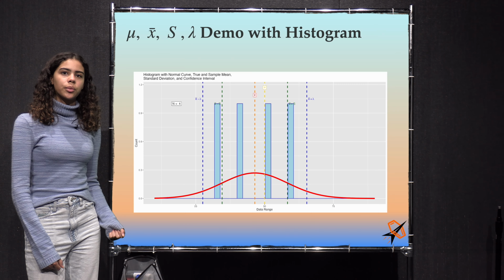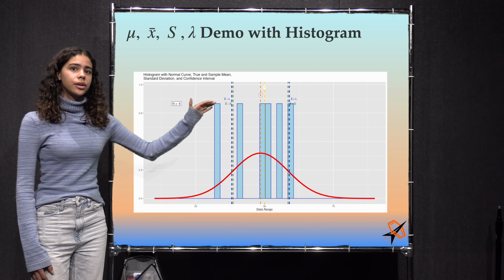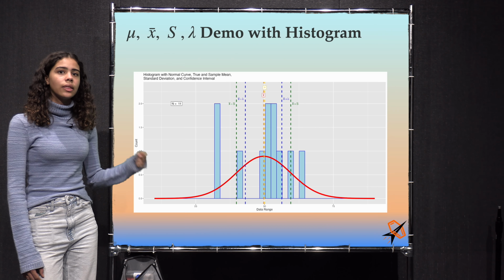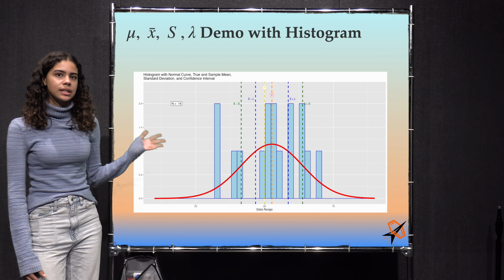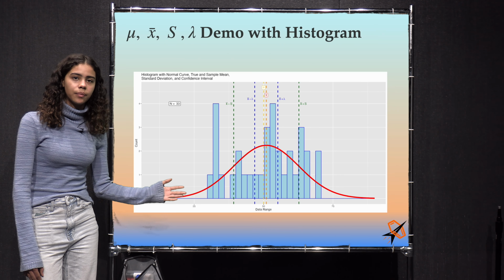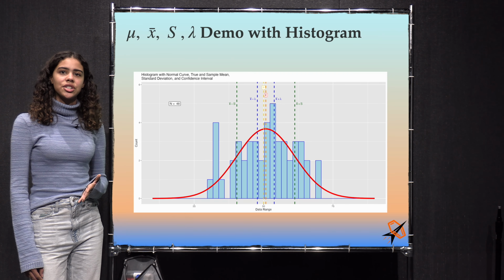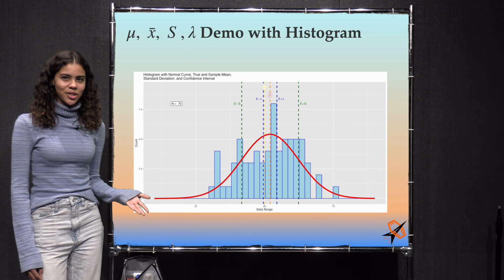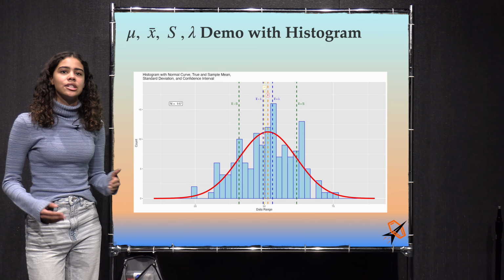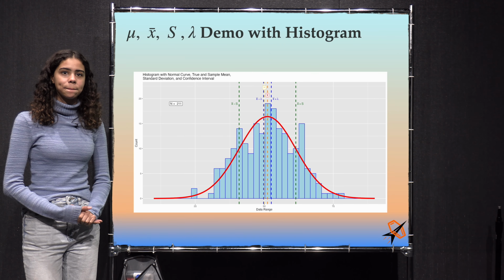From n equals 4 onwards, the confidence interval grows narrower and narrower. Notice also that the true mean is contained within the confidence interval at least 95% of the time, but the confidence interval is rarely centered on the true mean. The sample standard deviation shows quite a bit of deviation for small sample sizes, but becomes quite stable as the number of samples increases.